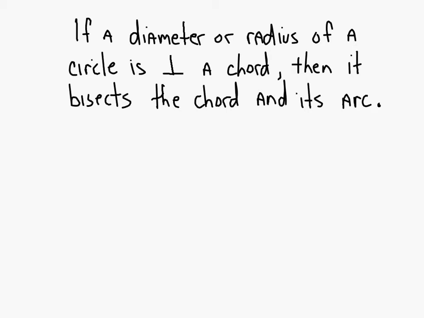If a diameter or radius of a circle is perpendicular to a chord, then it bisects the chord and its arc.